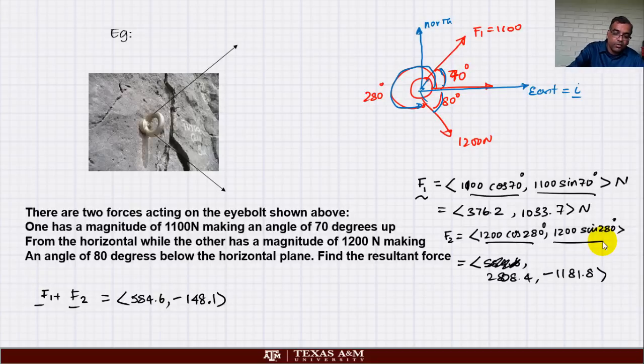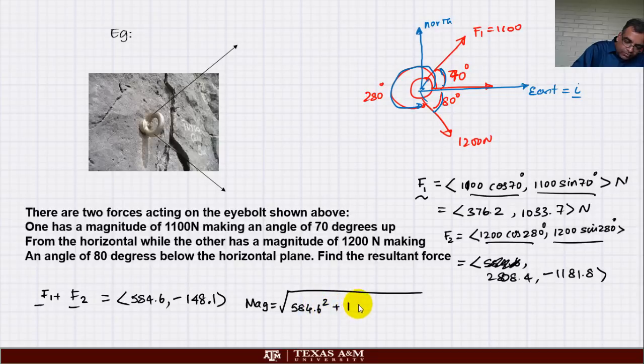Okay, now I want to convert it. So notice we went from picture to vector. Now from vector back to picture. That means I have to find the magnitude, which is the square root of 584.6 squared plus 148.1 squared, which turns out to be 603.1. And that had better be a positive number, and the units are Newton.